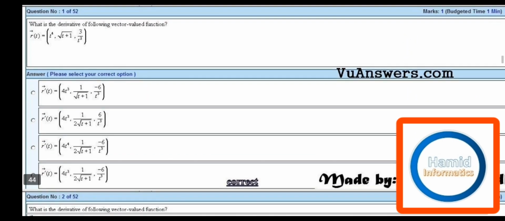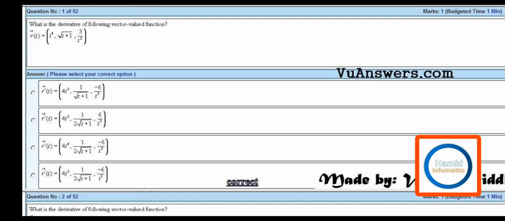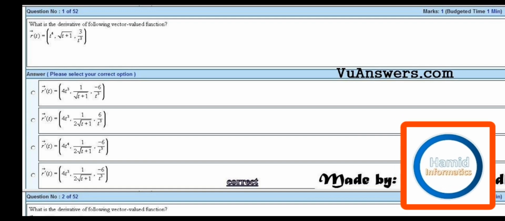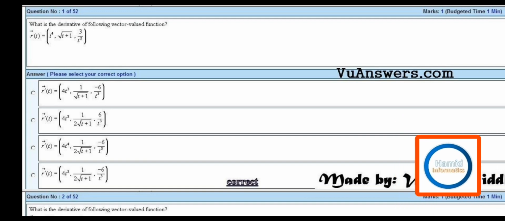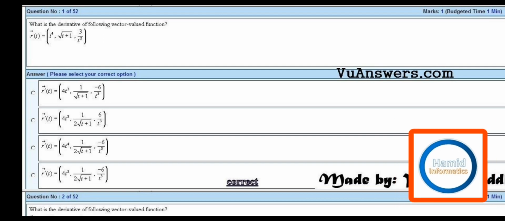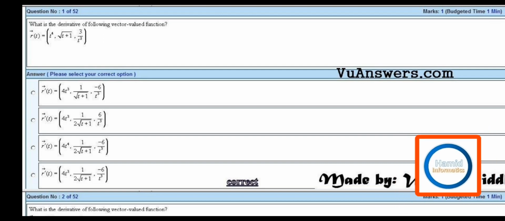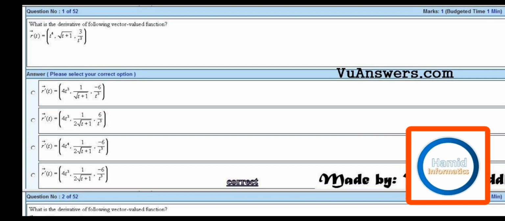Next one is, what is the derivative of the following vector valued function r(t) equal to t to the power 4, under root (t plus 1), and 3 by t squared, and the answer is r'(t) equal to 4t cubed, 1 over 2 under root (t plus 1), and minus 6 by t cubed.